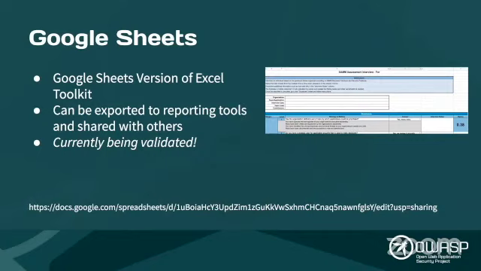In my assessment of the Google Sheets version, it's been working pretty well so far. I am still going through a validation of that, and if others are interested in helping out, I've provided a link at the bottom there that provides access to it. You can make a copy of it and edit it as you like and test as well.